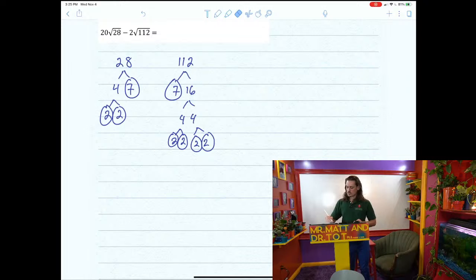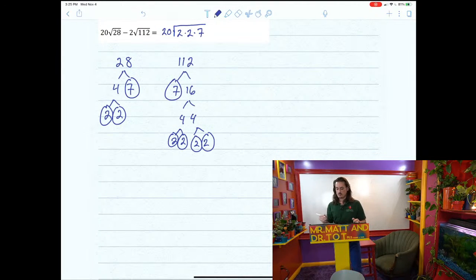So we can rewrite the first term as 20 times the square root of 2 times 2 times 7, because 28 is the same thing as the product of 2, 2, and 7. That's the prime factorization of the composite value 28.